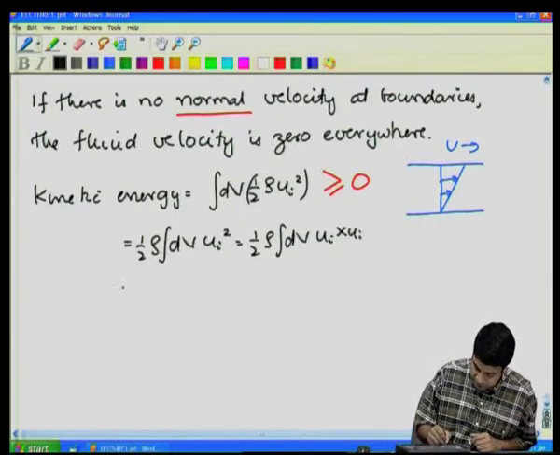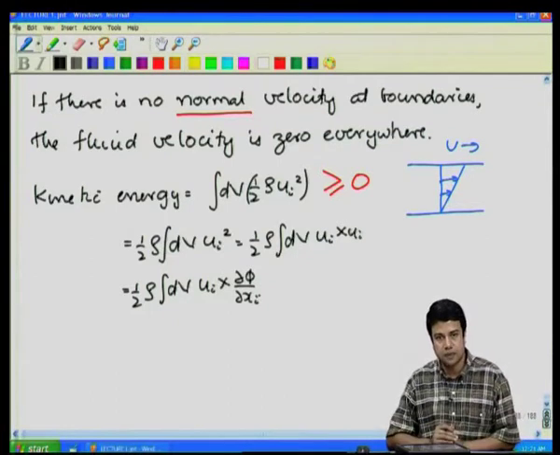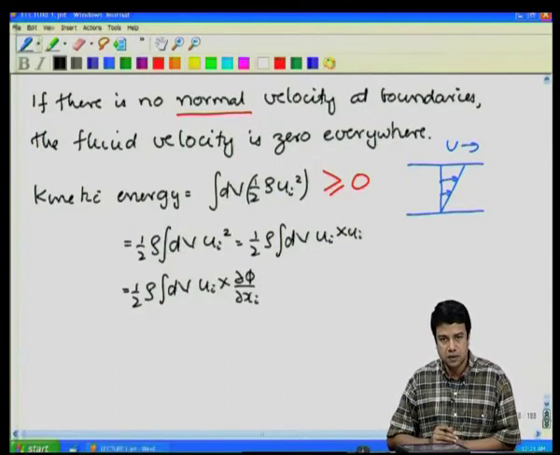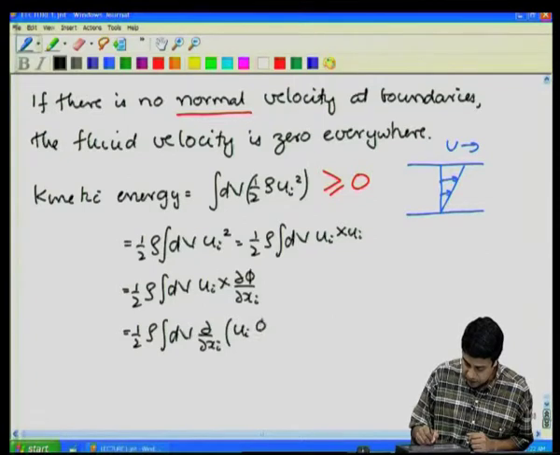So, I will write it as half rho integral dV u_i times partial phi by partial x_i. Integrate this by parts, I will get half rho integral dV partial by partial x_i of u_i phi minus phi partial u_i by partial x_i.